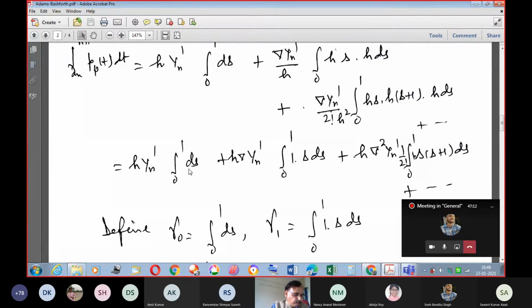So take your register, everybody take your register and write down. On the left hand side, what terms are there? We have integrated from xn to xn plus 1. So everybody should write, please write that, otherwise it is not possible to show all the slides.